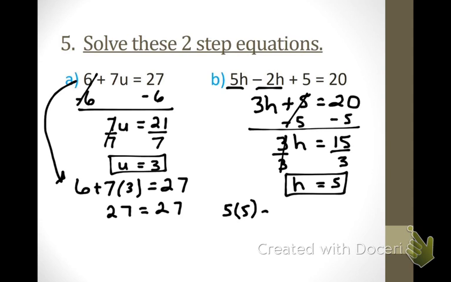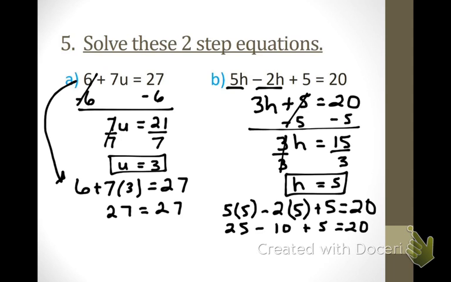Plug in that H. You can plug it into your calculator, or you can work it out by hand. 25 minus 10 plus 5, which is in fact 20. So 20 equals 20.